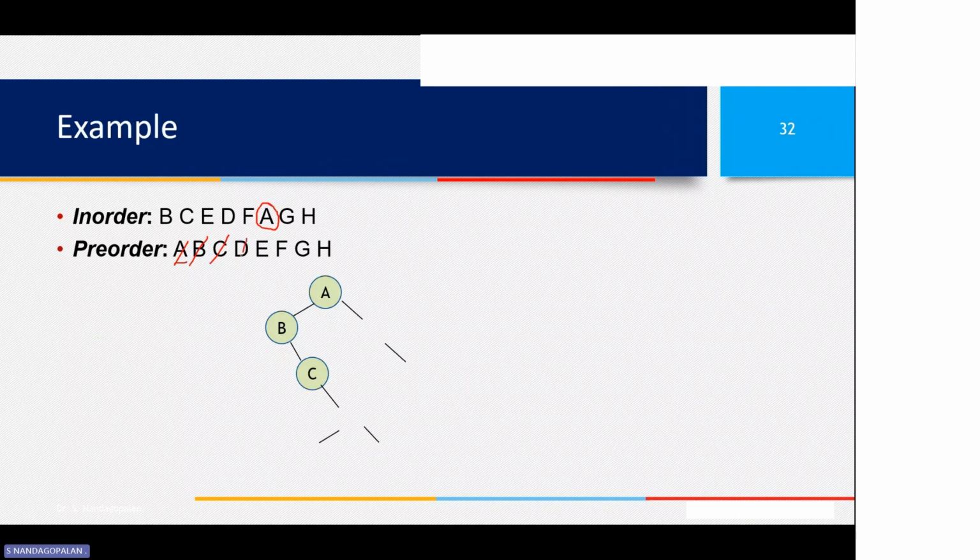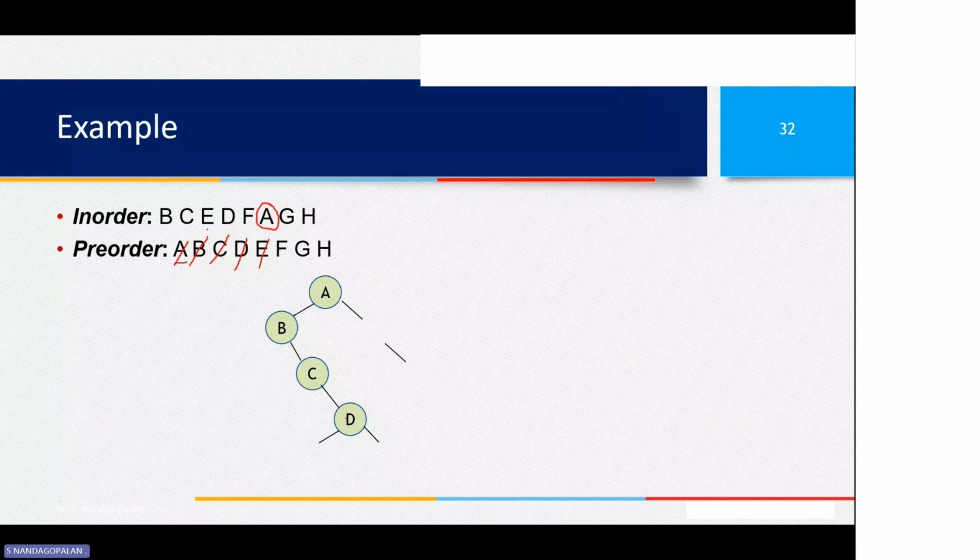Next is D. Okay. So now D is left of A, right of B, and right of C. So it comes here. Next one is E. E is left, all that. Maybe directly I'll come to the most recently added.